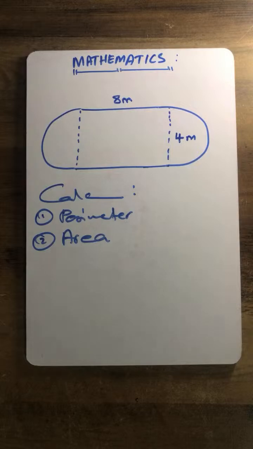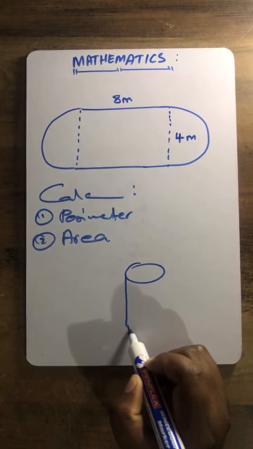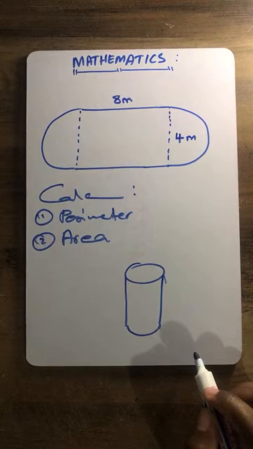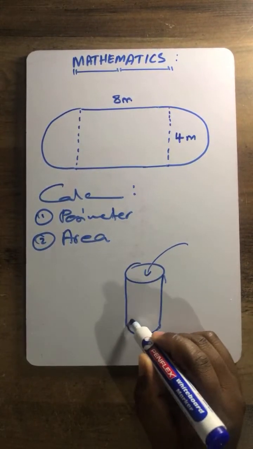Don't worry about that, honorable. Me too, I don't know what that shape is. It's just something that I thought of. But trust me, with you knowing or not knowing the shape, you can still do the calculation. It's not a cylinder, because a cylinder is something similar to this, most like a can with a lid there and a lid there at the bottom.